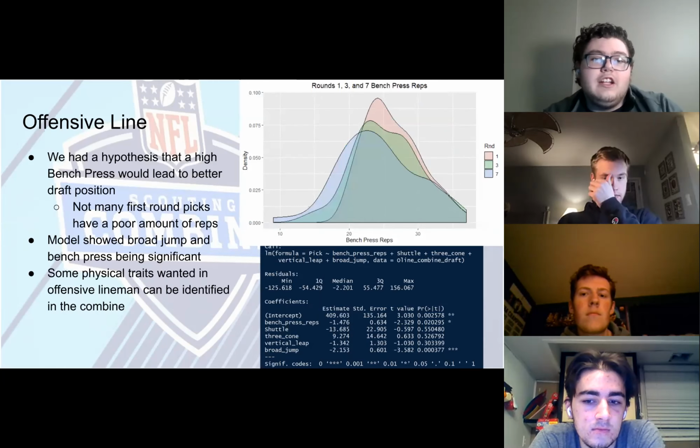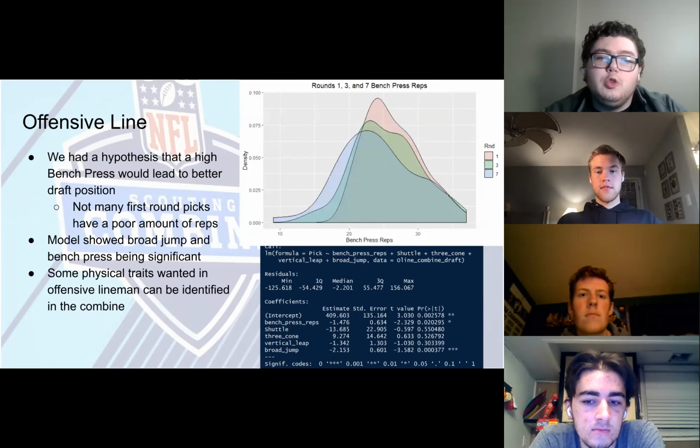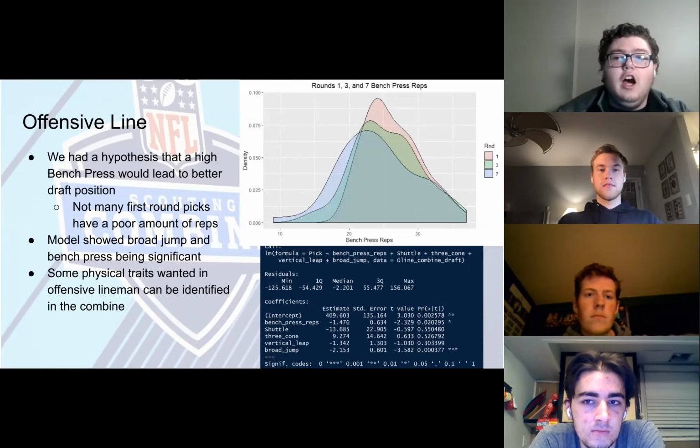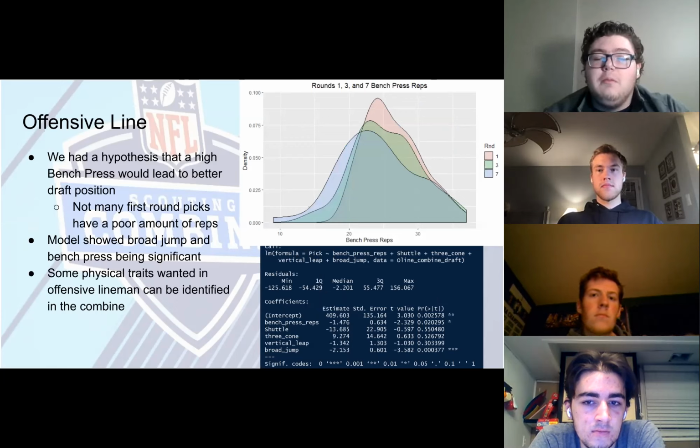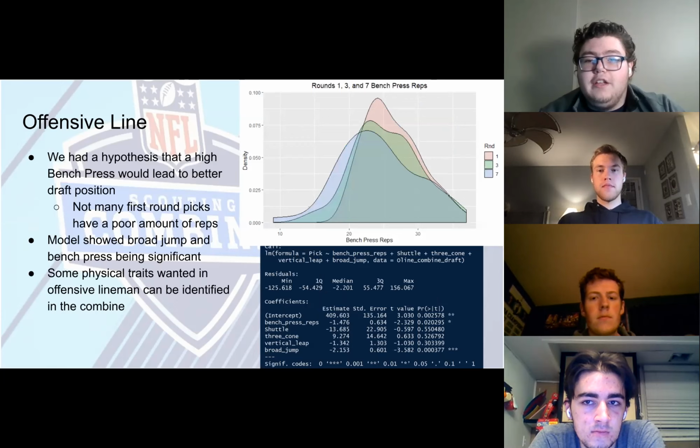Next, we decided to take a look at the offensive line. Grouped into the offensive line, we have guards, tackles, centers, and any other offensive lineman that was considered O-line in the draft process. First, we took a look at how their bench press reps correlated with the round that they were drafted in. From the density plot here, we can see that for players in the first round, there were a lot fewer players below that 20 bench press reps threshold.